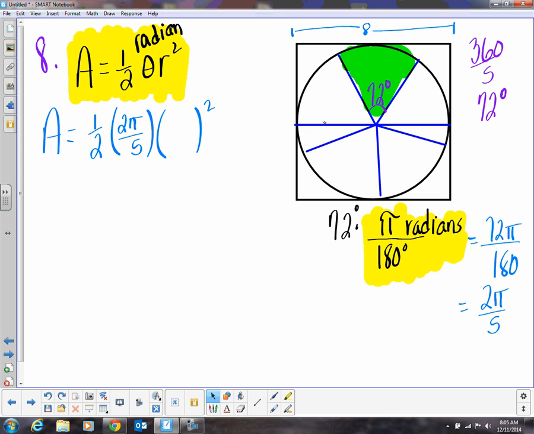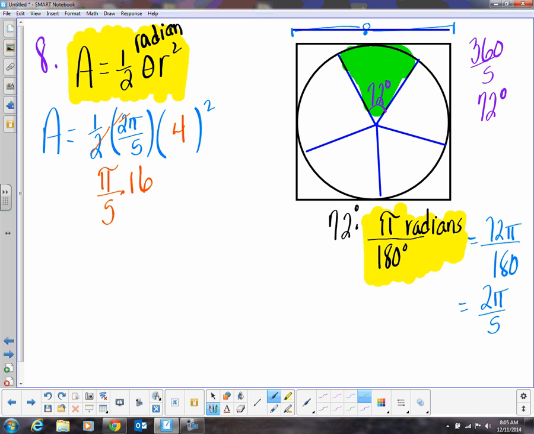So if the diameter is 8, then my radius is going to be 4. This 2 simplifies with this 2. It gives you a factor of 1. And what's 4 times 4? 16. So the exact answer is 16 pi over 5, but you need to multiply by 3.14 and divide by 5, and you're going to get 10.05.